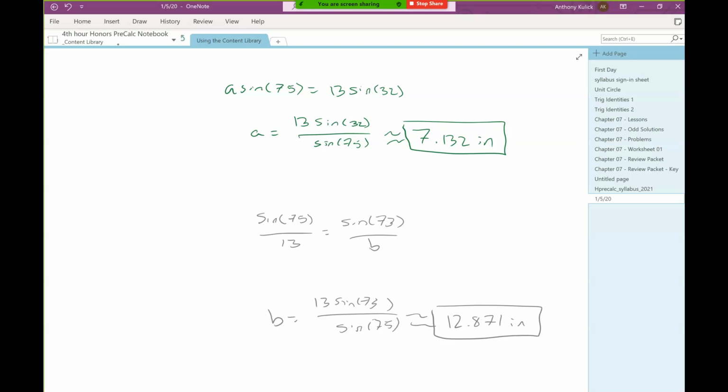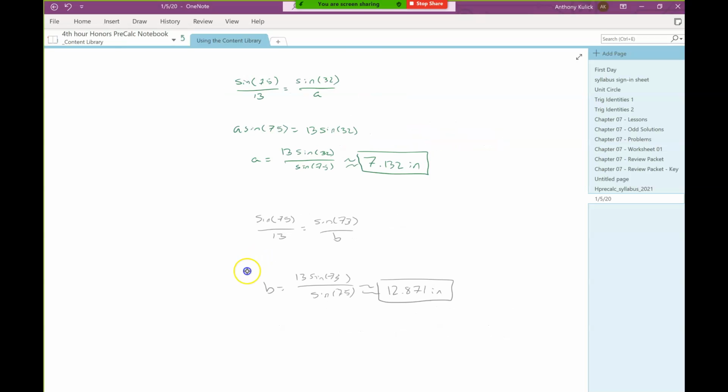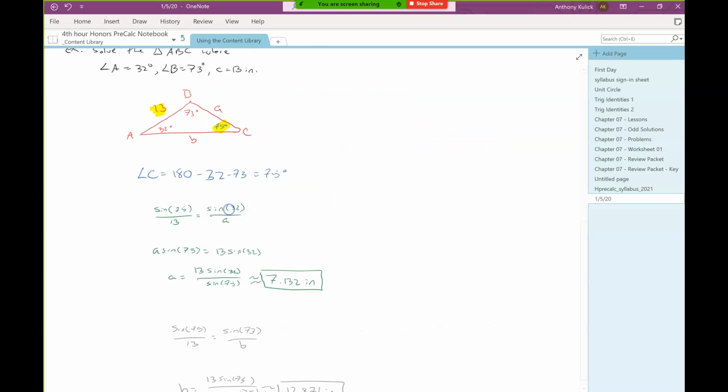One last thing I should mention here, that we have a nice little quick, not exactly a check, but a confirmation to make sure that we didn't make any horrendous mistake. If you remember from geometry, we know that the side lengths of a triangle should be proportional to their angle measures.